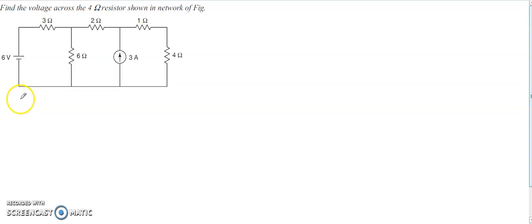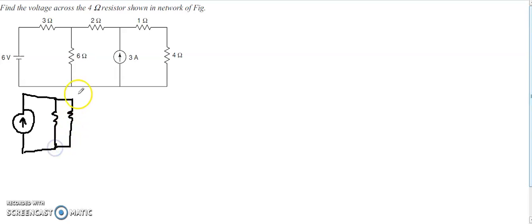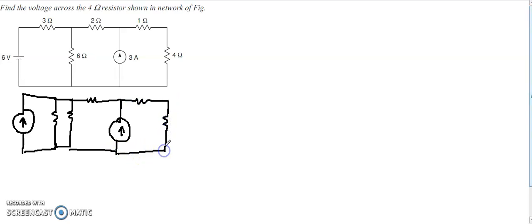So first, a current source with a resistor in parallel. So the rest of the circuit we can draw as it is. Here we have got the 4 ohm across which we have to find the voltage.